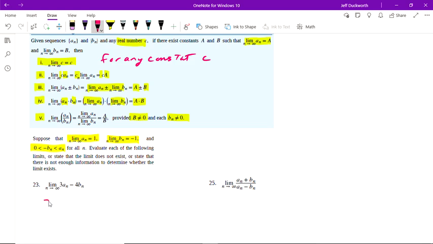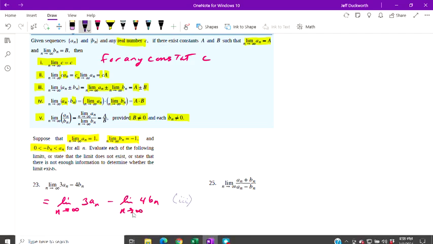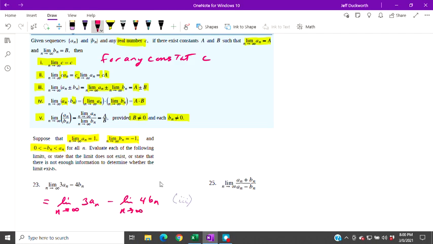Well, this equals, we should write equals there first. We can break this up; I'm going to do number 3 first. So using 3, we take the limit as n approaches infinity of 3an minus the limit as n approaches infinity of 4bn. Again, I used number 3 there.